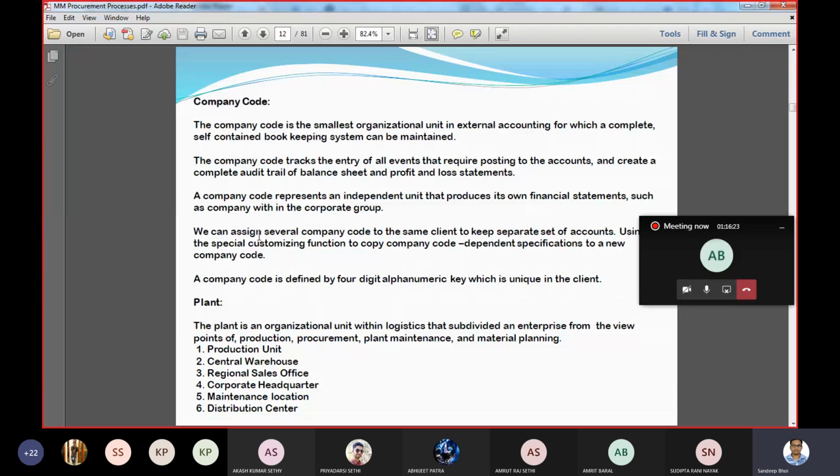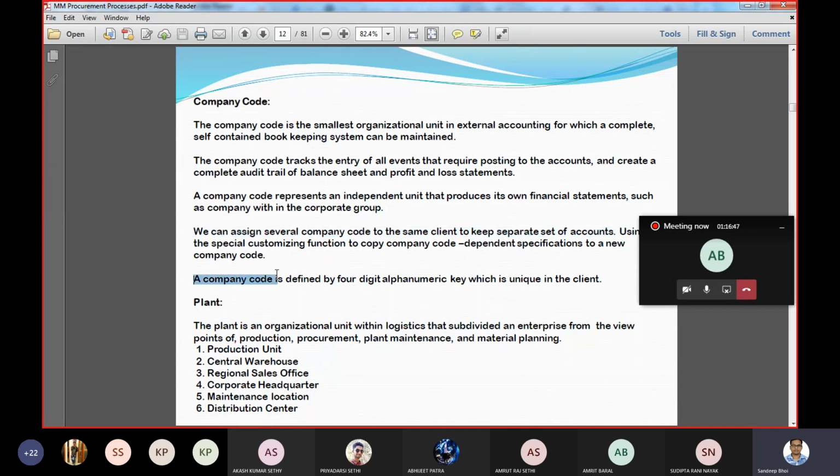We can assign several company codes to the same client to keep separate sets of accounts. This is what you need to remember, or use the special customizing function to copy company-code-dependent specifications to a new company code.